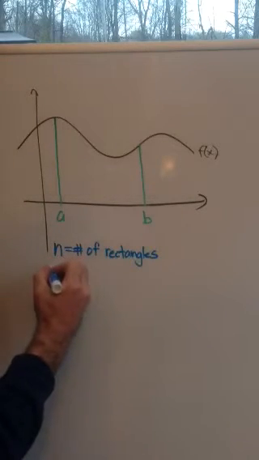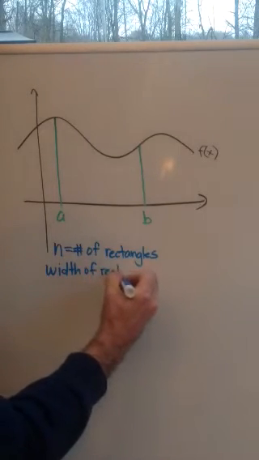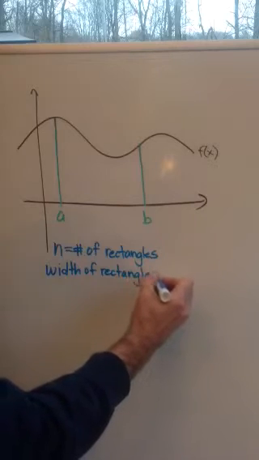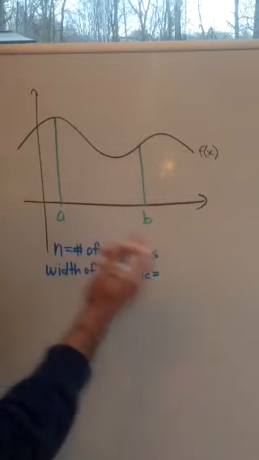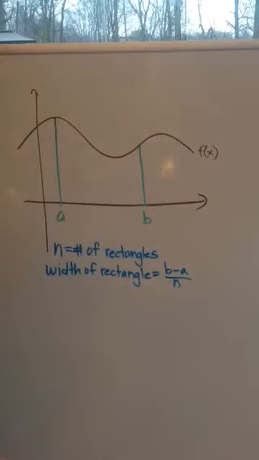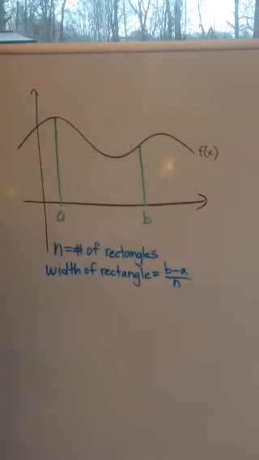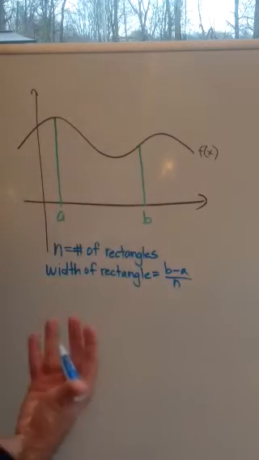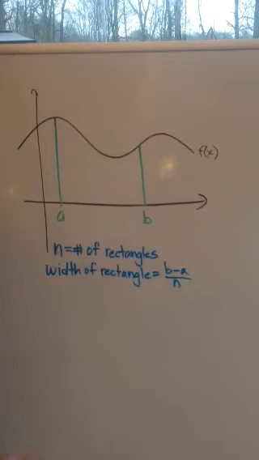Okay, so the width of each rectangle is going to be the total width of the interval. So I'm going to take b minus a, and I'm going to divide it by the number of rectangles that I want to use. So let's say a is equal to 1 and b is equal to 10. So the difference between those two numbers is 9. If I take 9 and divide it by the number of rectangles, it tells me how wide each of those rectangles would be.